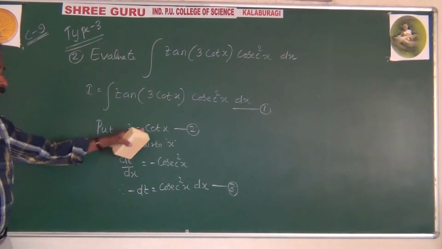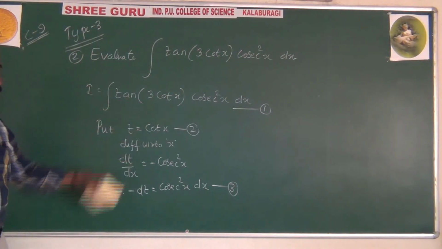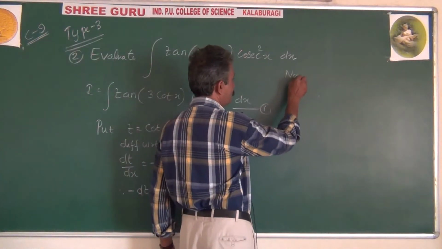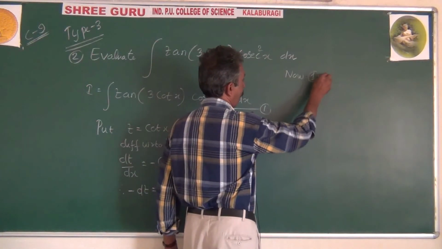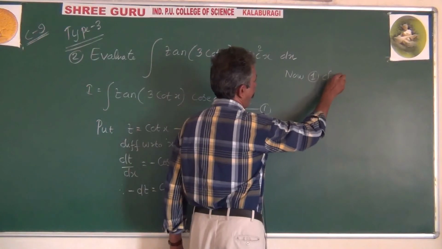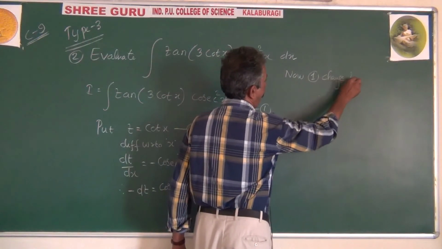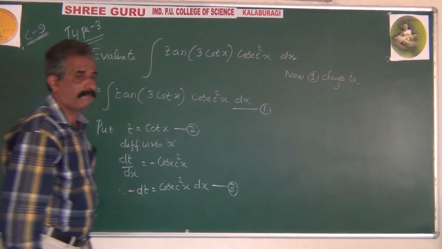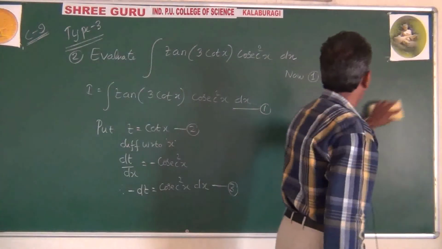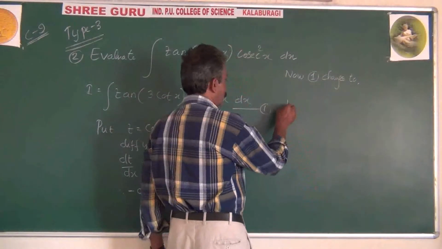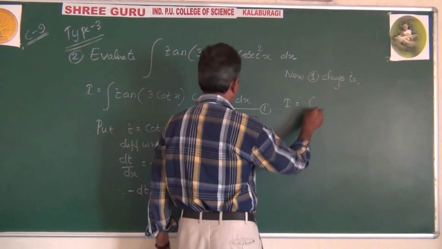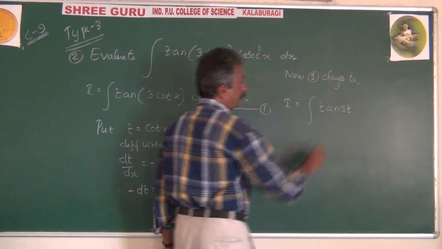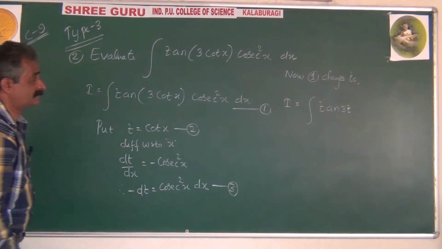Now from 2 and 3 using in 1, therefore now 1 changes to I equals integration tan of 3t, because t is cot of x.